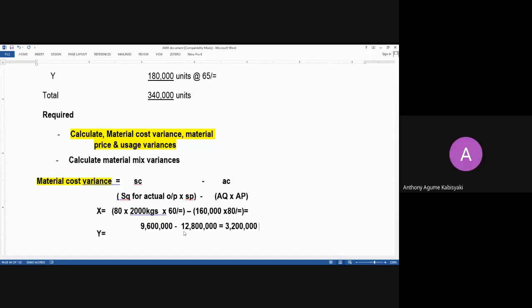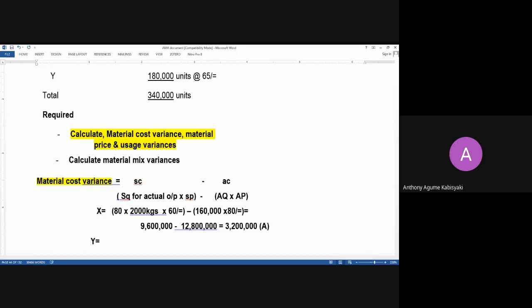And this variance is adverse. And now I told you if it is adverse, that is how you write it. Okay. So I go and look at that of Y.